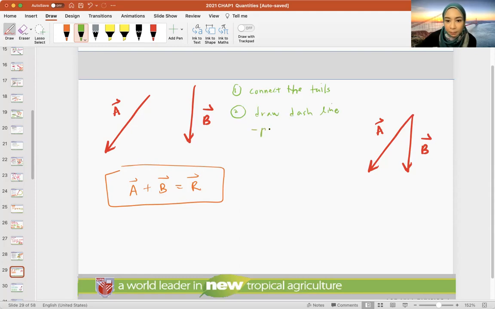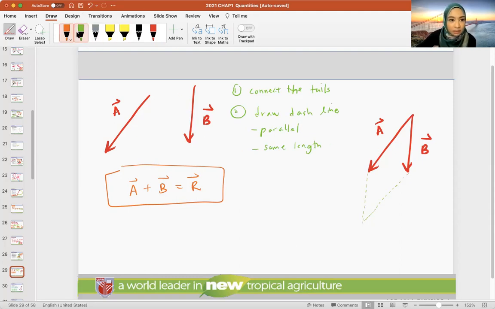It must be parallel and the same length as our vectors. So let's do that. I think I'm going to struggle. Let me just try. I'm not confident at all with this drawing. So okay, like this. Hopefully this is the same length. If it's not, imagine that it is the same length.